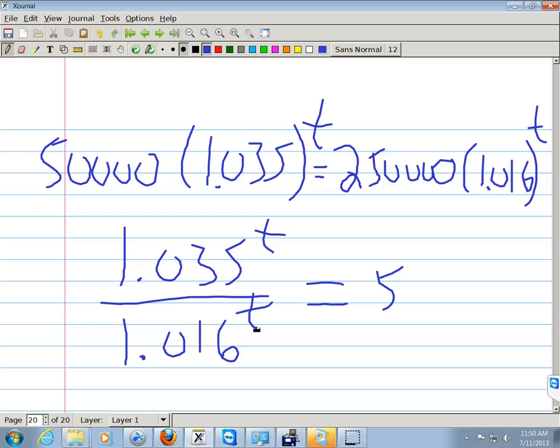Is there another way to go with this? Isn't 1.035 to the t over 1.016 to the t simply stuff to the t? Yeah, 1.035 over 1.016 all to the t. You could do that if you know that exponential rule. I don't know, why don't we just log both sides? Let's see.